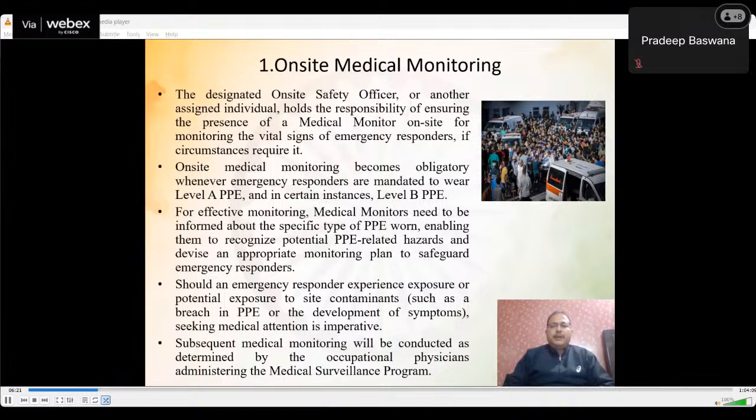Subsequent medical monitoring will be conducted as determined by the occupational physicians administering the medical surveillance program. So there is a protocol. If he is showing such a sign, then it should be properly and clearly addressed: okay, this is the symptom, this is the sign you are showing, and we have to focus upon this particular part only.